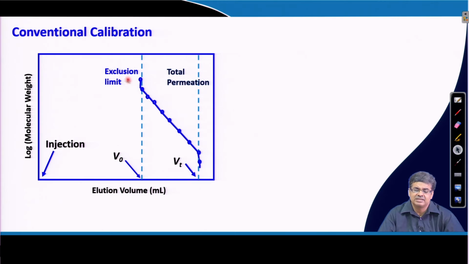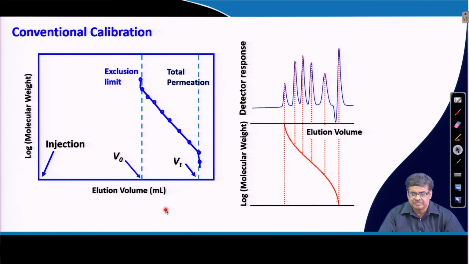The earlier one, in terms of large molecular weight range, we call the exclusion limit, and in between we will have a linear relationship between log molecular weight and elution volume, as I discussed in the last slide.